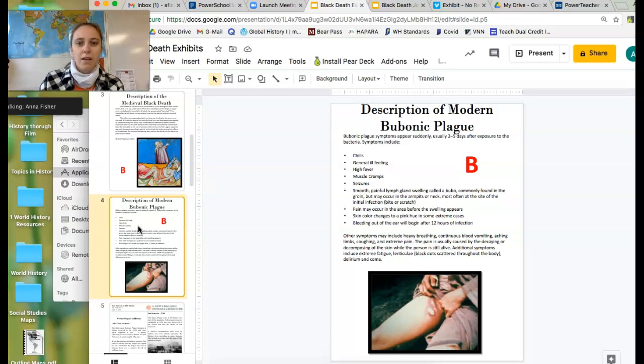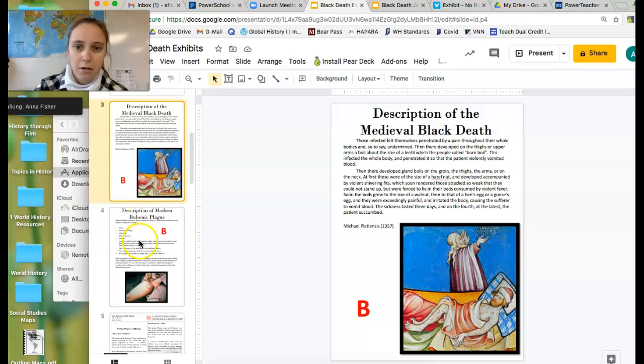People still get the bubonic plague, even in America, even in 2020. It's not like we've eradicated plague from the earth whatsoever.